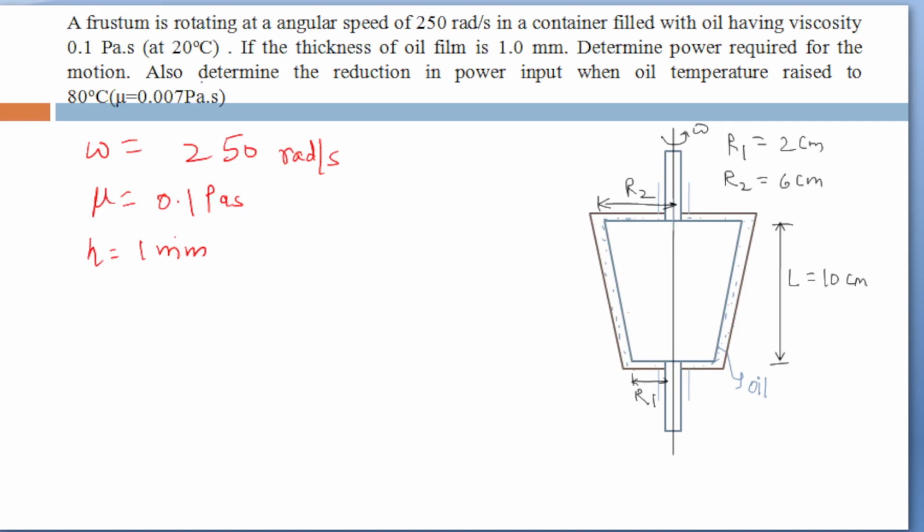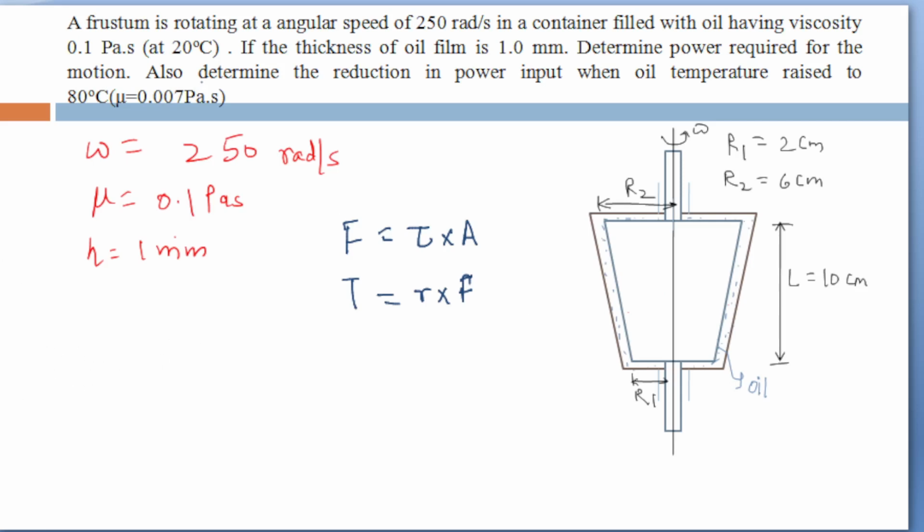So we know the shear force is shear stress into area. If the area changes, then the shear force also changes, and the torque also changes. Because the areas of the bottom, top and side change, we need to calculate the torque for all three surfaces. The area varies in the radial direction, so we use the integration method to determine the torque.